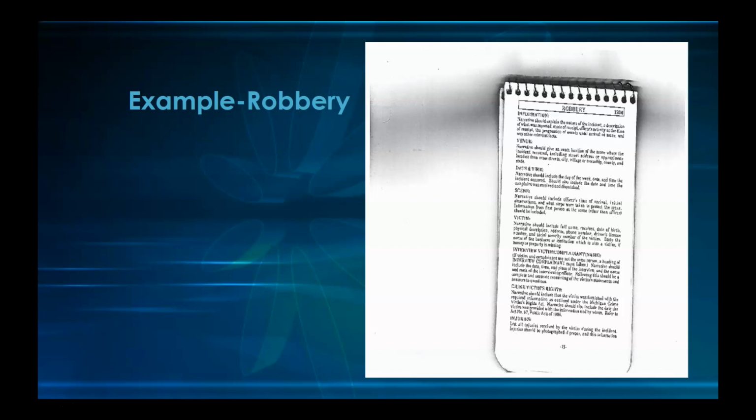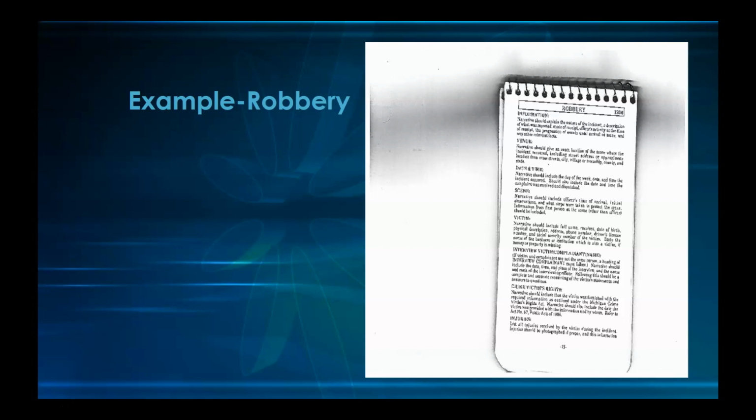So as we go through, the next one, as you can see, is scene. Narrative should include officers' time of arrival, initial observations, and what steps were taken to protect the scene. Information from first person at the scene other than the officer should be included. So this is showing you all the things that you need to not only include, but also to do when you first arrive at a robbery scene.